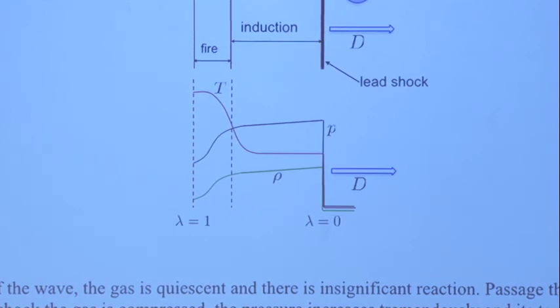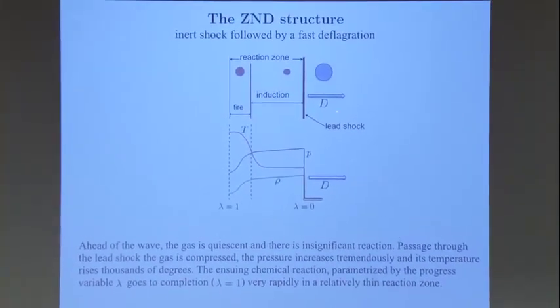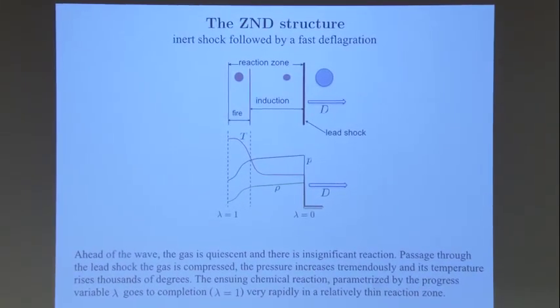So I'm sorry that now the picture is we are moving to the right instead of to the left. So here the deflagration is moving to the right, and the rest of this discussion will be in this direction. So we have, this is the detonation, say. It's moving at a speed.